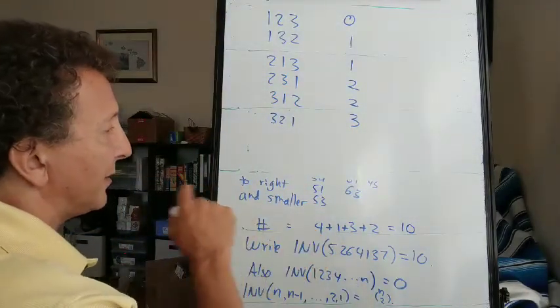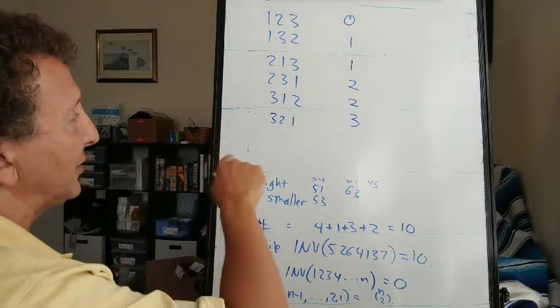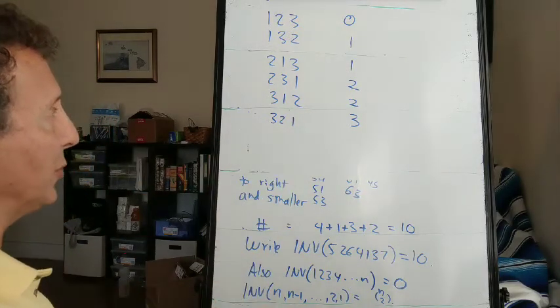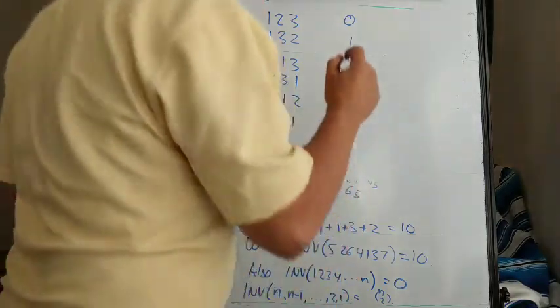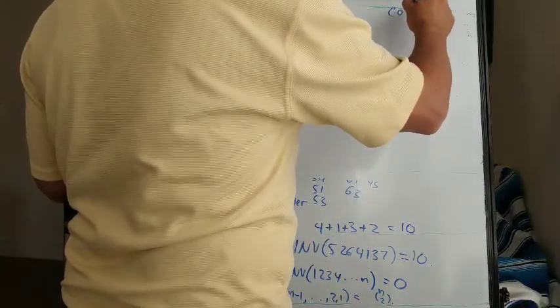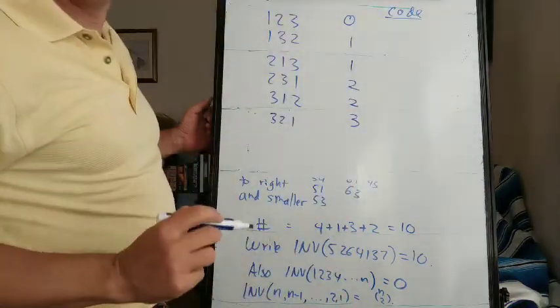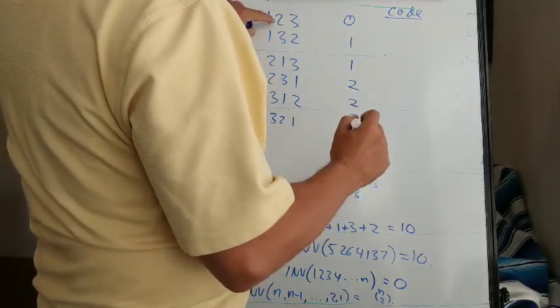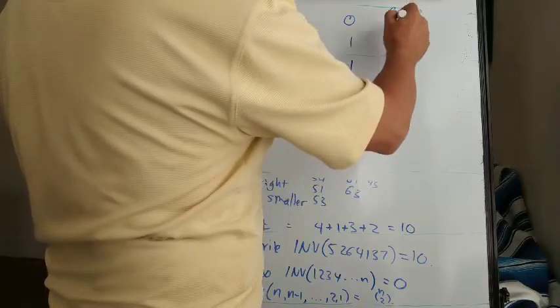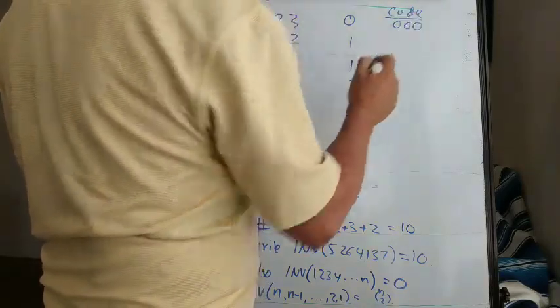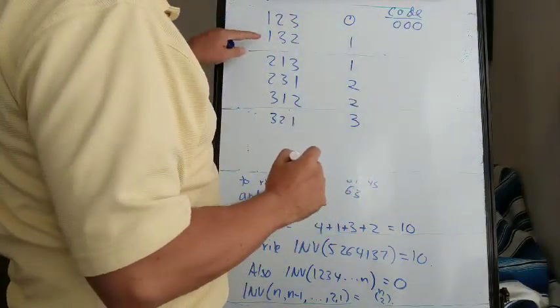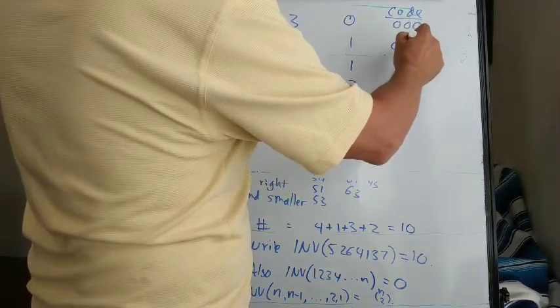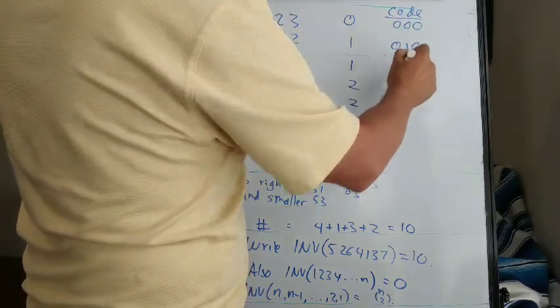Now this word that we made that records how many letters are to the right and smaller is called the code of the permutation. So there's 0 things to the right of 1 and smaller, 0 to the right of 2 and smaller, 0 to the right of 3 and smaller. So that code is 0, 0, 0. Here the code is 0, 1, 0.